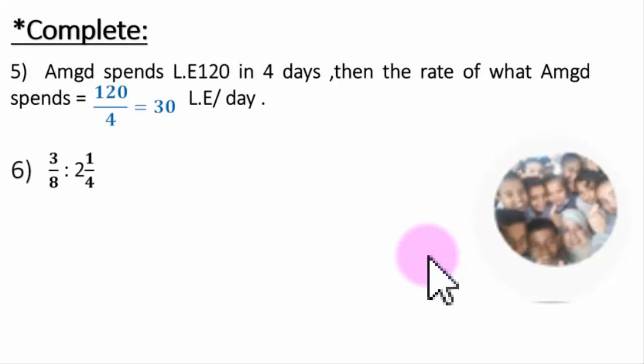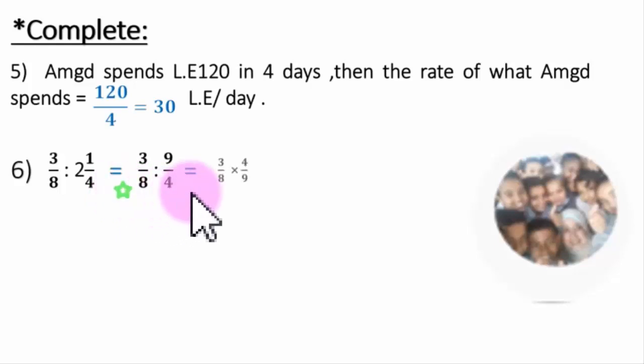3 over 8 to 2 and 1 over 4 equals... Now convert this mixed number to an improper fraction. So 3 over 8 to 2 times 4 equals 8 plus 1 equals 9 over 4.